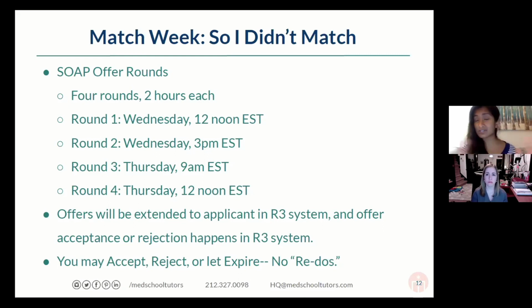And once it's gone, it's gone, and they move on to the next person on their list. You have to hope and wait for someone else to have an offer prepared in one of the next rounds. As we mentioned before, there were previously 3 rounds of SOAP, and this year there are 4. There will be 2 on Wednesday and 2 on Thursday, with a similar structure: 2 hours, you get an offer, and it goes from there.